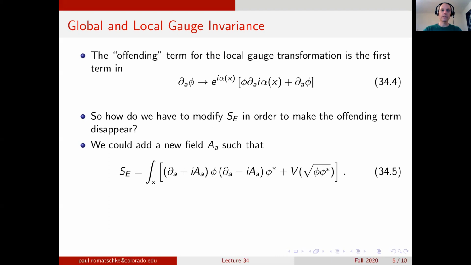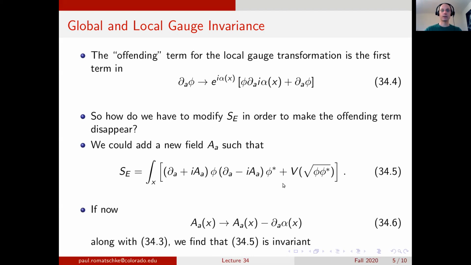One such possibility is that we add a new field to the action. We call the field A, and it has a vector index mu, such that we write the action in terms of the derivative of phi, but we add the new vector field A in the derivative in such a form that the total form of the action is still real.